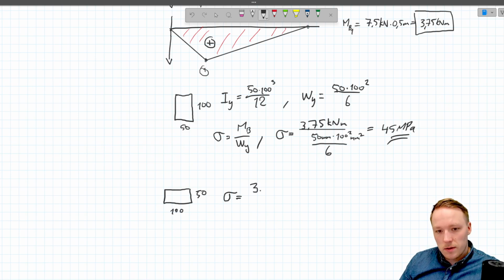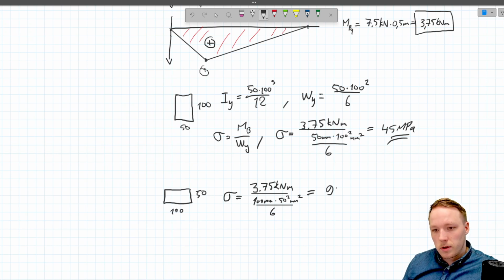So the sigma is 3.75 kilonewton meters divided by 100 millimeters times 50 millimeters power to 2 divided by 6, and the result for the stress will be in this scenario 90 megapascals.